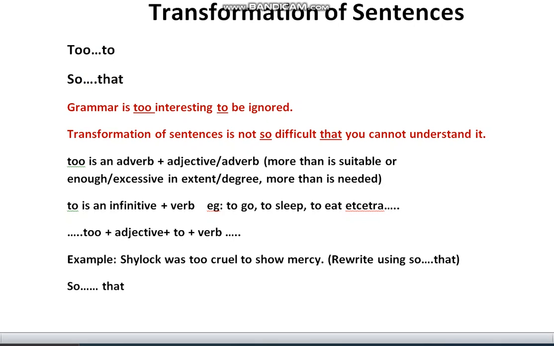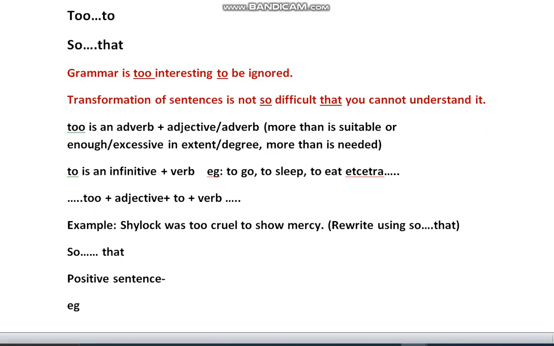If the sentence containing "too...to" is an affirmative sentence. Now what is an affirmative sentence? An affirmative sentence is a positive sentence. When something is simply being asserted or declared, it expresses the truth of a basic assertion. For example, Bassanio was a spendthrift.